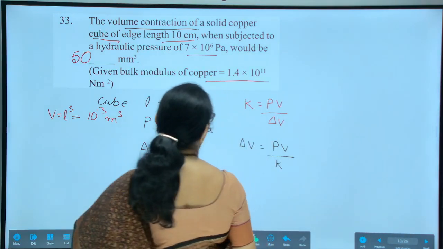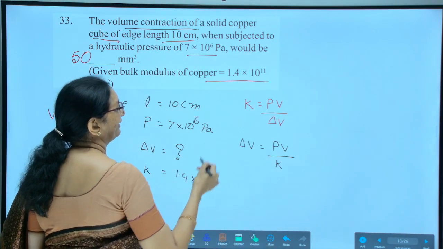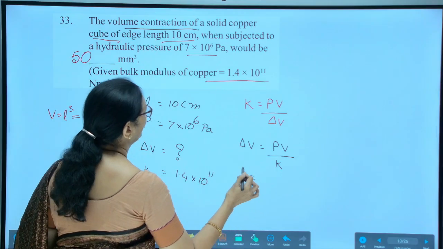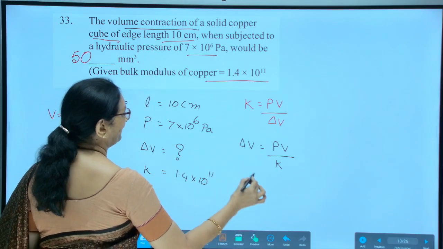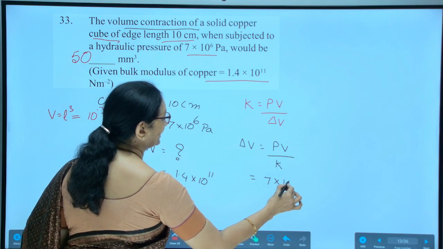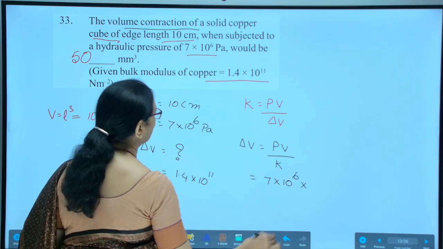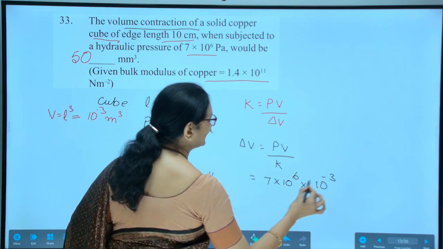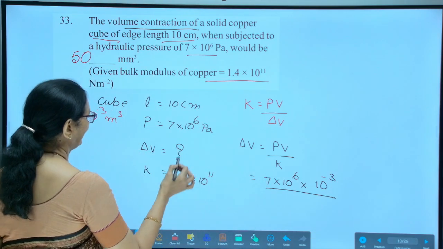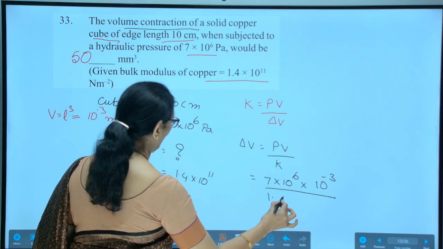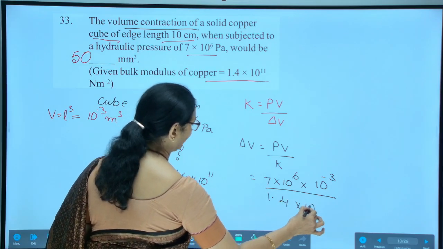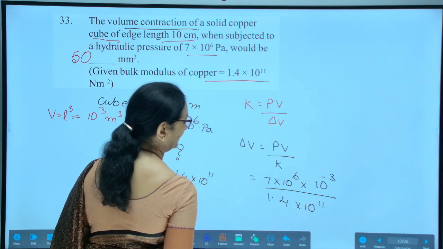Now, K is equal to PV by delta V, so delta V is equal to PV by K. Here pressure applied is 7 into 10 to the power of 6 pascals and volume is 10 to the power of minus 3, divided by K, which is given as 1.4 into 10 to the power of 11, right?